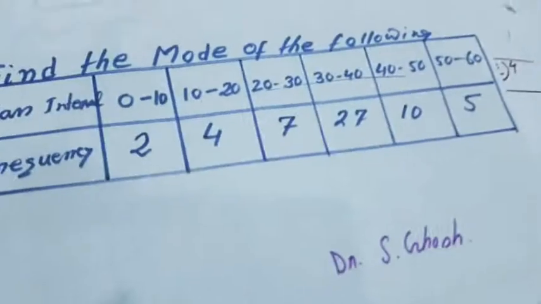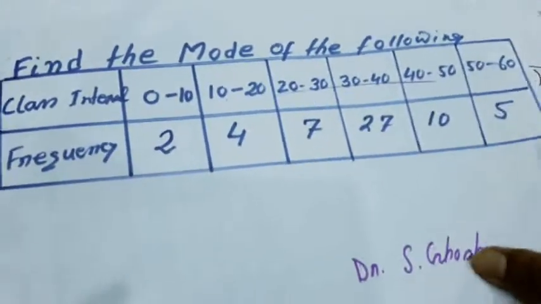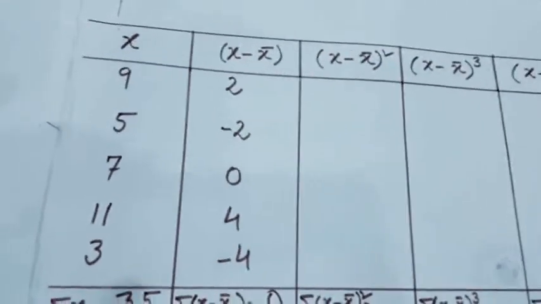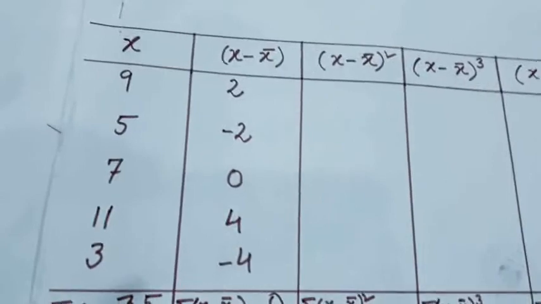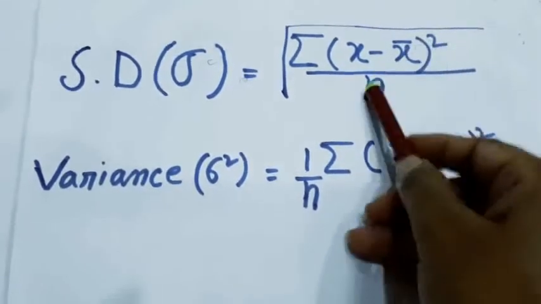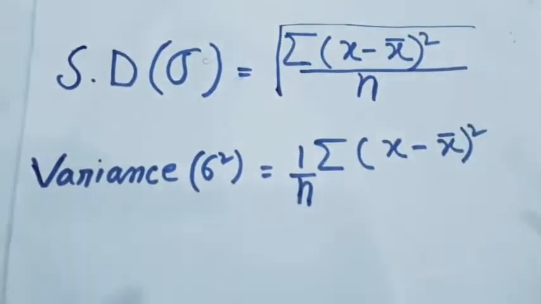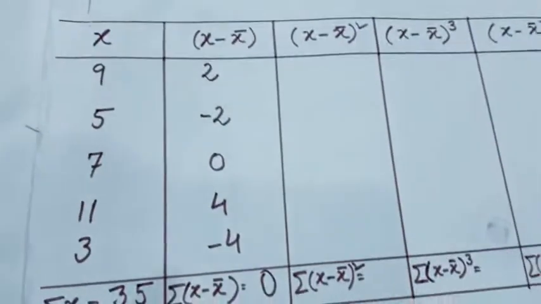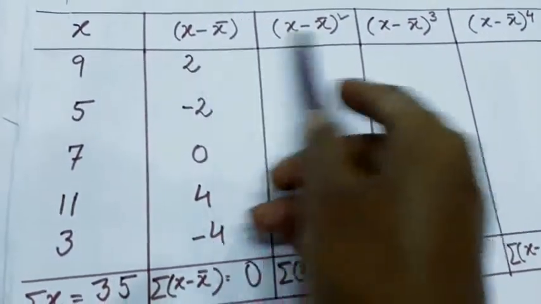What is the formula for sigma? Formula of the sigma is summation (x minus x bar) whole square by n. We have to do x minus x bar whole square.